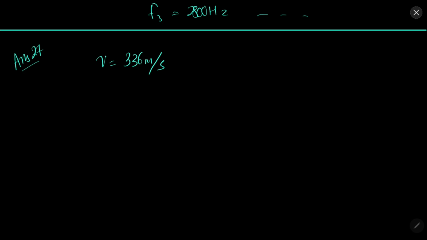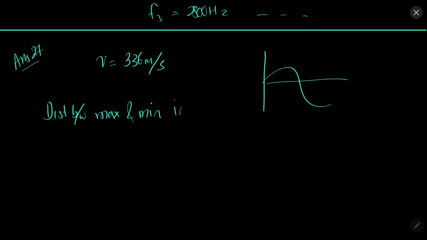Now if you look closely, you will find that the distance between maxima and minimum intensity is always lambda by 4. Okay, so this means lambda by 4, the distance between maxima and minima, is given to us, which is 20 centimeters.